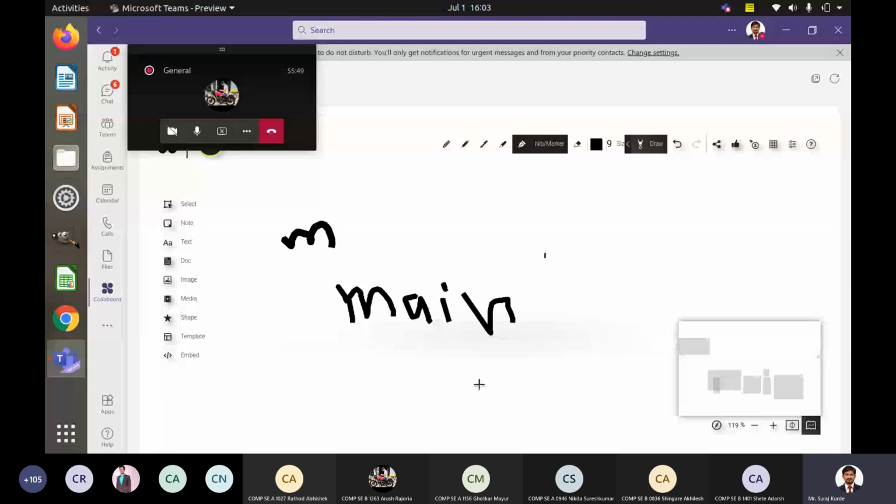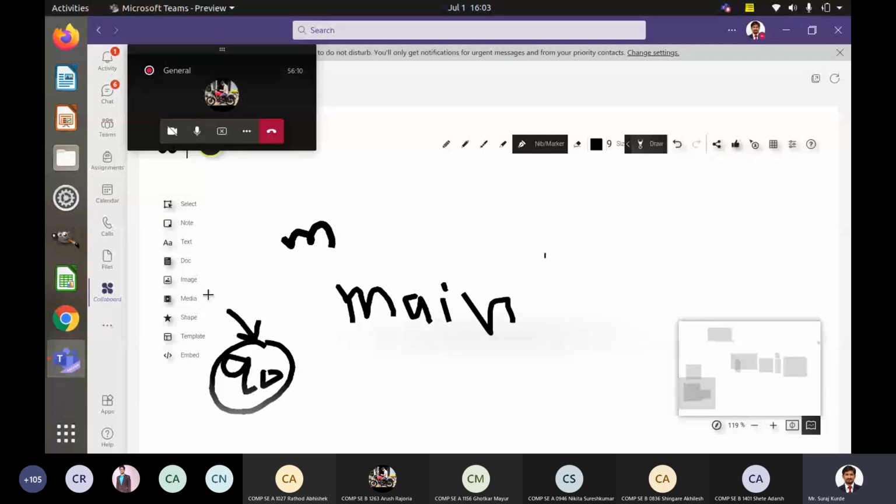Initial state may be Q naught. Incoming arrow without any prior state is called the initial state. Then it goes to the next state. Now what is the required input? The first alphabet that we have to accept is M. So on the transition I will write M.